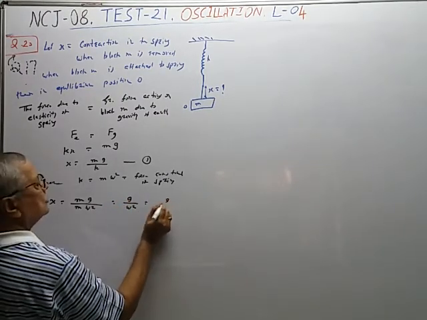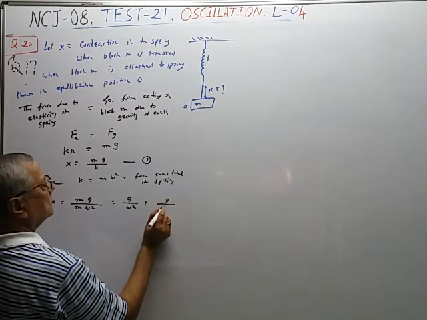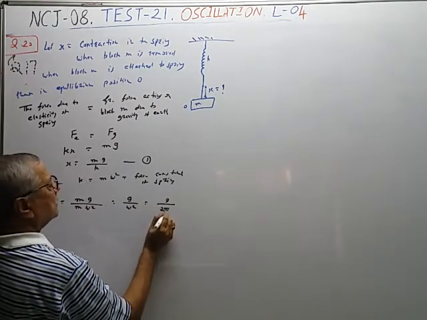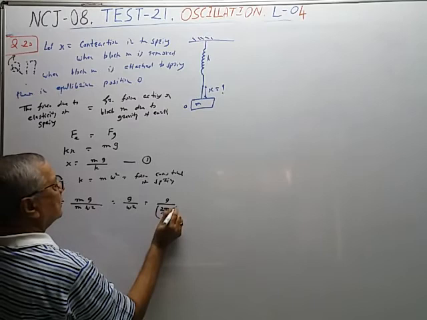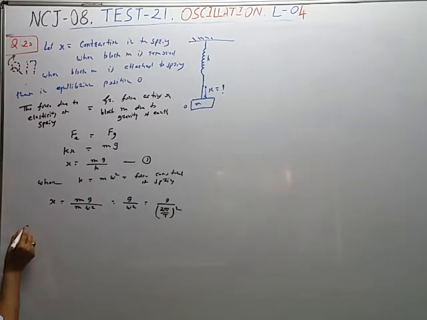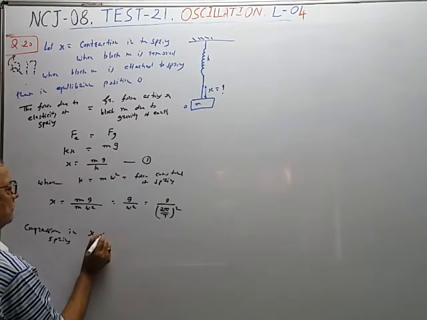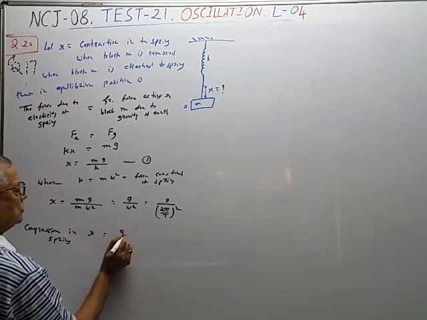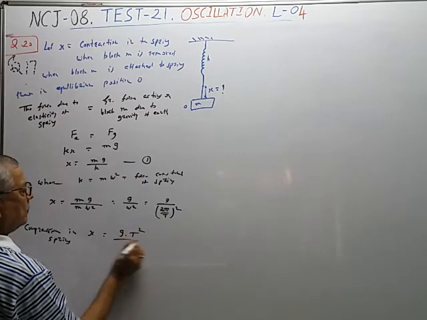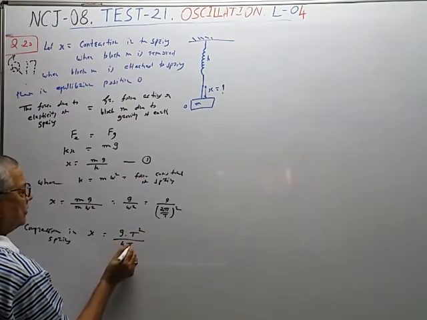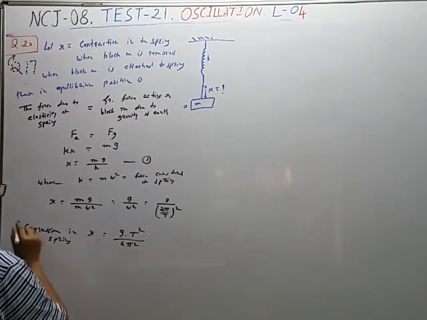This is equal to G upon 2 pi upon capital T whole bracket square. Therefore, compression in the spring, X is equal to G T square upon 4 pi square. This is the problem.